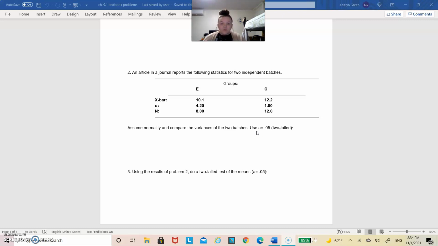And once we go to table F to find where they meet up, we will get an F critical value of 3.76.